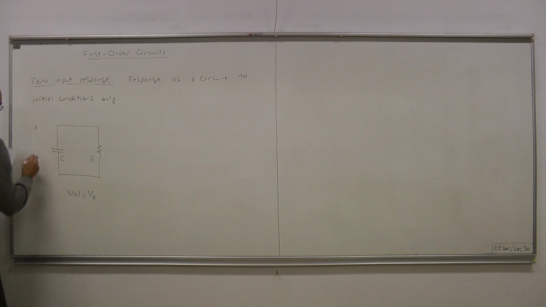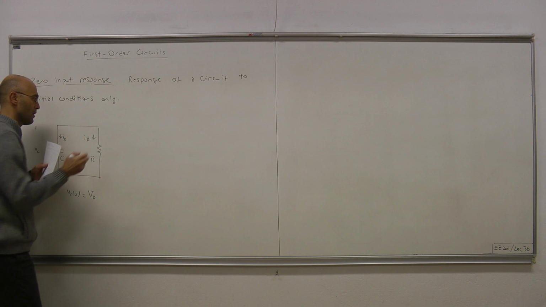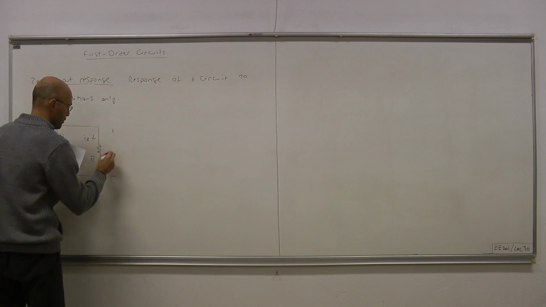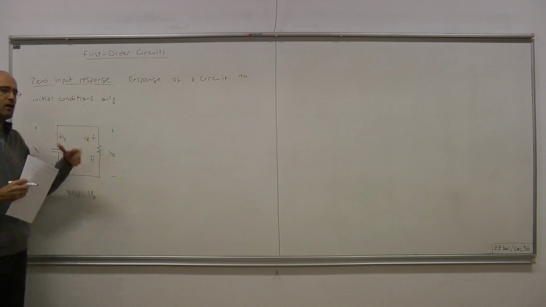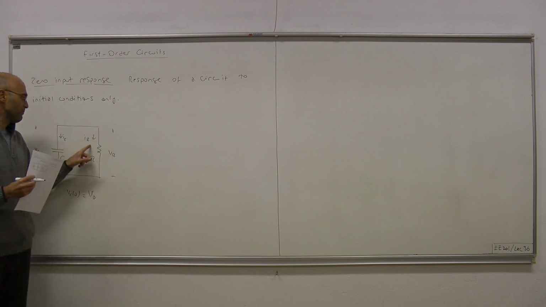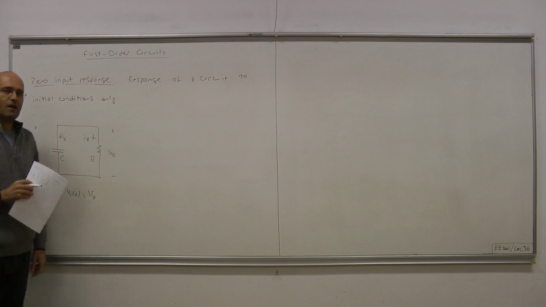Let's do some labeling. This is VC, this is IC, this is the resistor current. Let's call this voltage VR. Clearly VC and VR are the same, and IC plus IR is zero due to KCL.